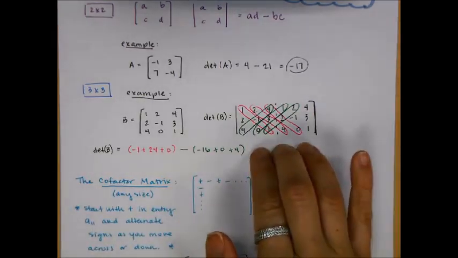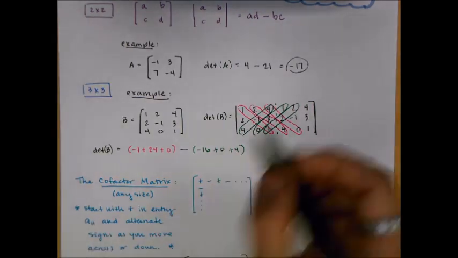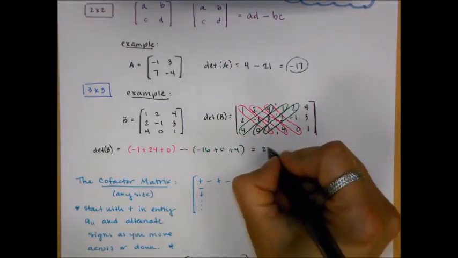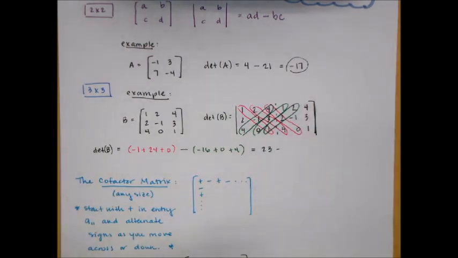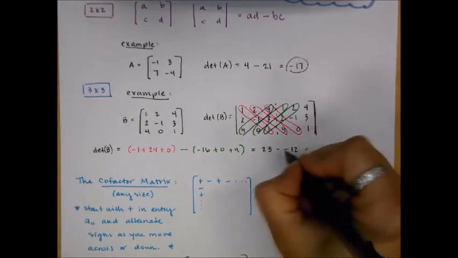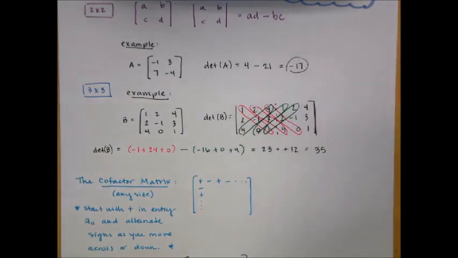And this is just a nice way of finding the determinant of a 3x3 without doing something more drastic just yet. So we'll simplify our values here. We have 23 minus -12. And so we add 23 and 12 to get 35. And that's the determinant here.